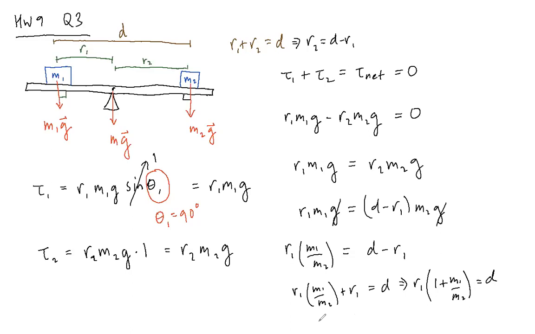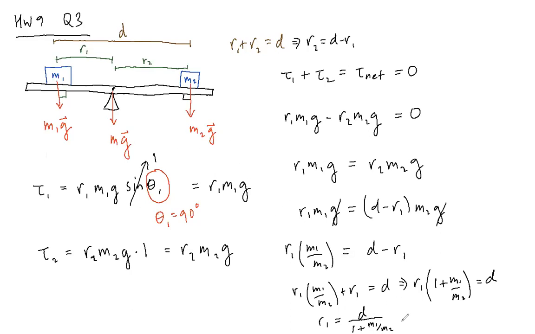So R1 is equal to D over 1 plus, here, let me see if I can squeeze this in a little bit better. We'll squeeze it down here, D over 1 plus M1 over M2.